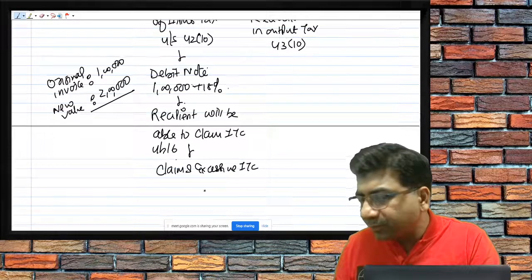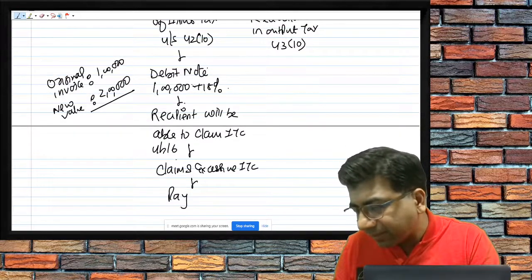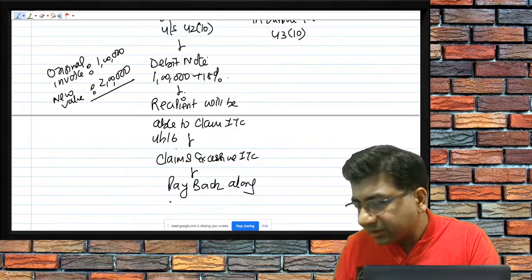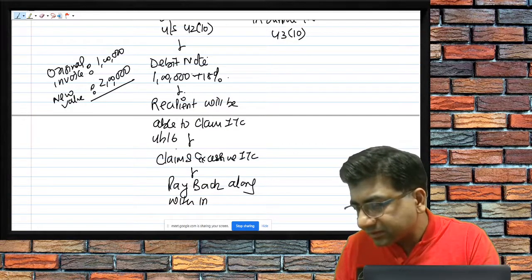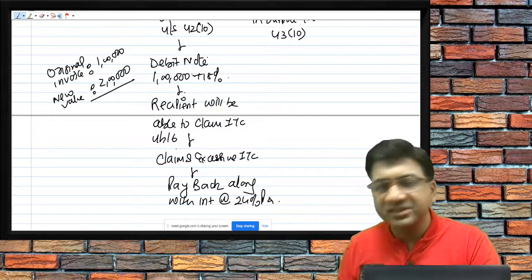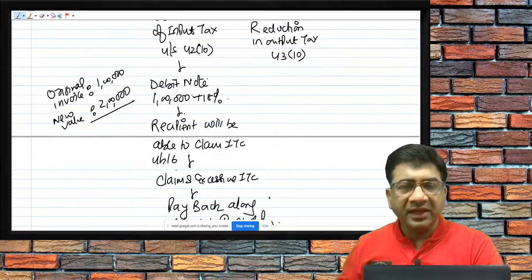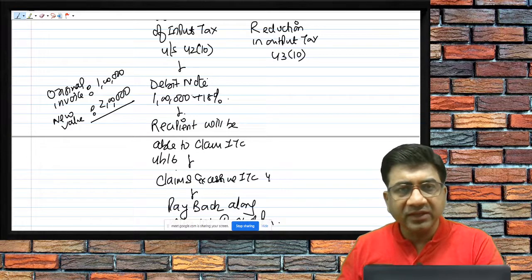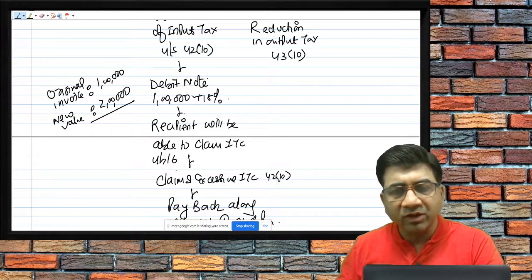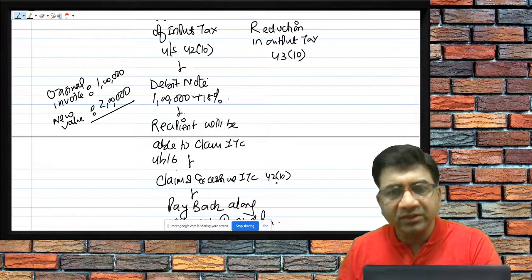Then he has to pay back, along with interest at the rate of 24% per annum. This is the point. And this is 42 10, contravention of 42.7.